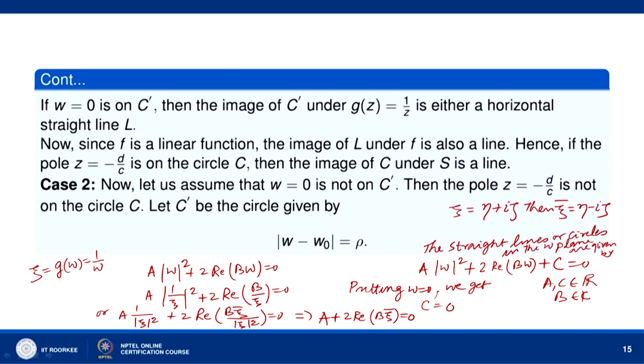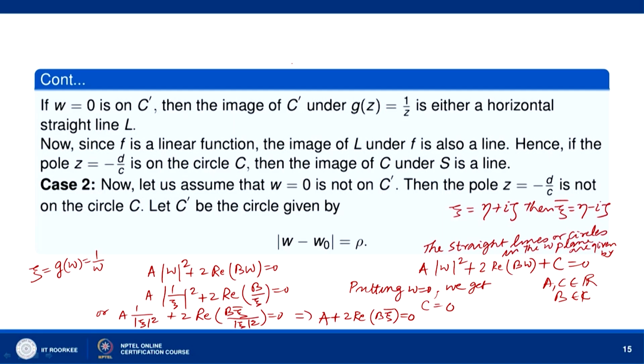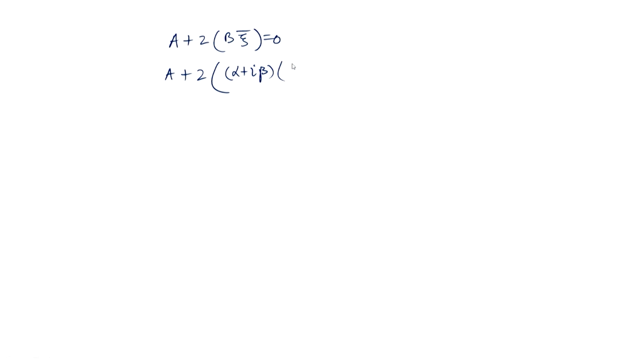This is A plus 2 times real part of B Xi conjugate equal to 0. Here B is a complex constant, which I can write as alpha plus I beta, and Xi conjugate is eta minus I zeta.